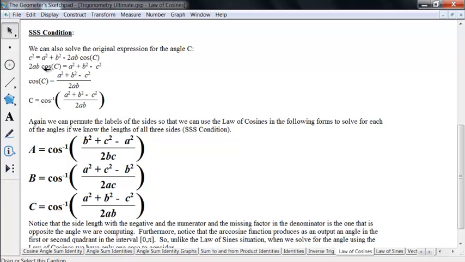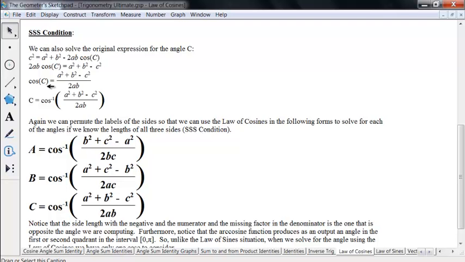Now I want to get cosine c by itself, so I'm going to divide by 2ab to get this next expression here. Cosine of angle C equals a squared plus b squared minus c squared over 2ab. And now to find angle C, I do an inverse cosine, or arc cosine. And so C is the arc cosine of a squared plus b squared minus c squared over 2ab.